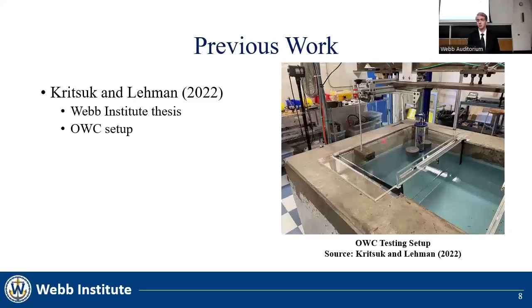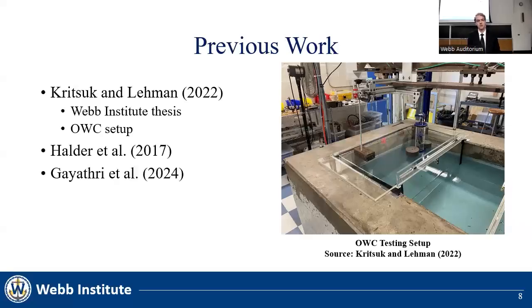Our thesis continues the work of Sasha Kritzuk and Juliet Lehman's thesis in 2022, which focused on the design, build, and test of an oscillating water column. The primary focus of their thesis was to set up a wave energy converter for testing at Webb. The work of Halder et al. outlines methods to improve system efficiency by improving the turbine's design.